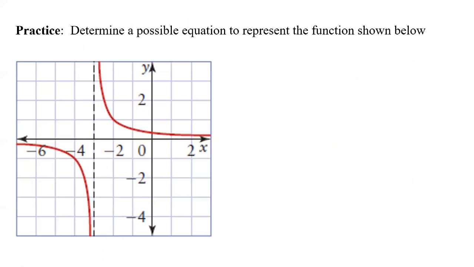Okay, next one, let's have a look at another practice. Determine a possible equation to represent the function shown below.